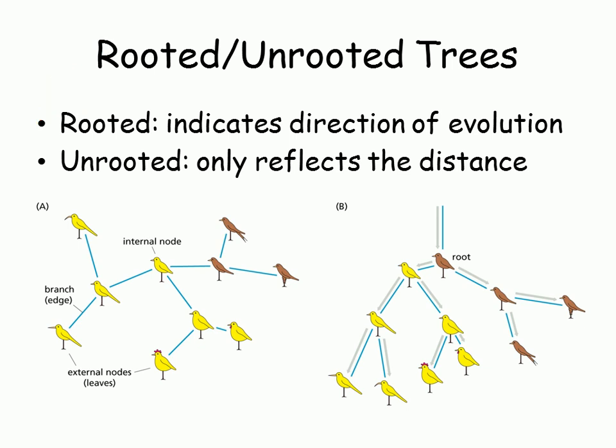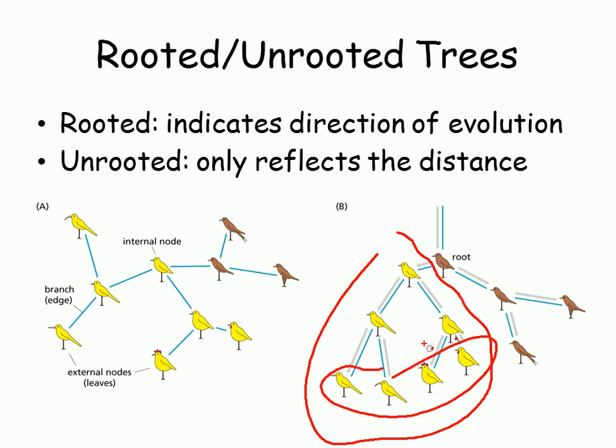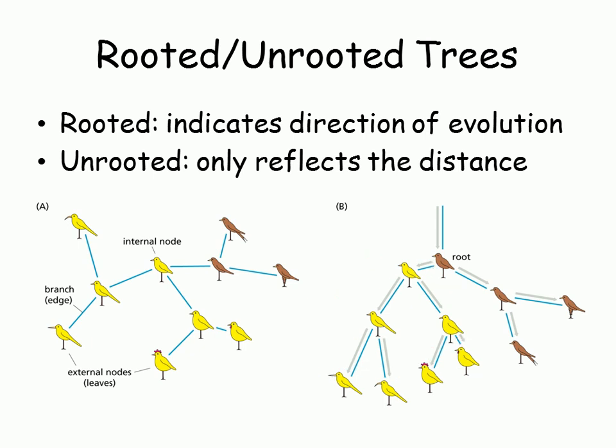I'm trying to find the best way to explain this to you. So if you look at this part, you have 4 birds, and 1, 2, 3, 4, 5, 6 branches, right?